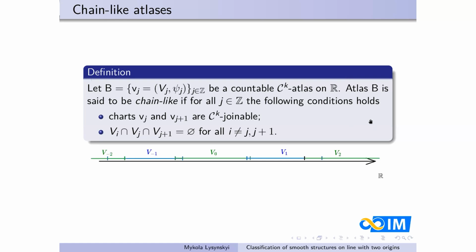We will call an atlas chain-like if for all integers j the following condition holds. First, the charts V_j and V_{j+1} are C^k joinable, and essentially only two charts may intersect. Thus we have a covering of R which looks like a chain, from which we obtain the name.